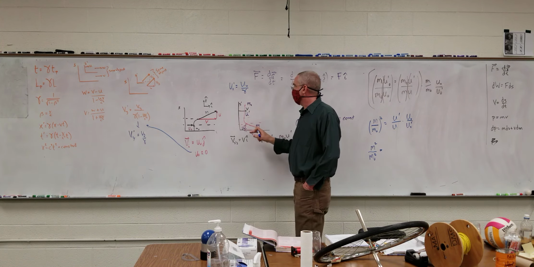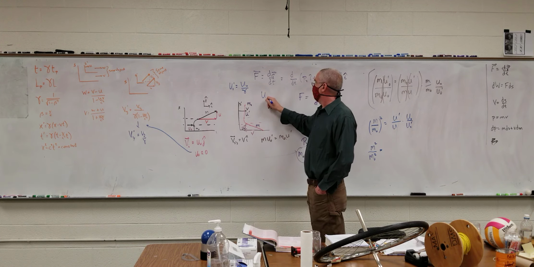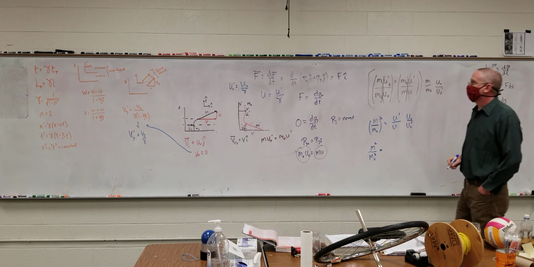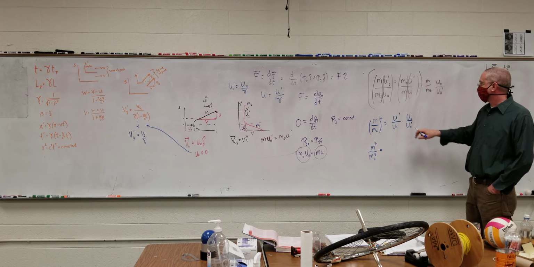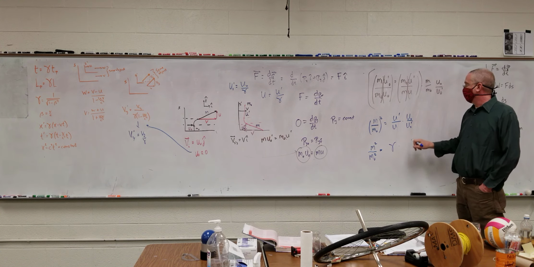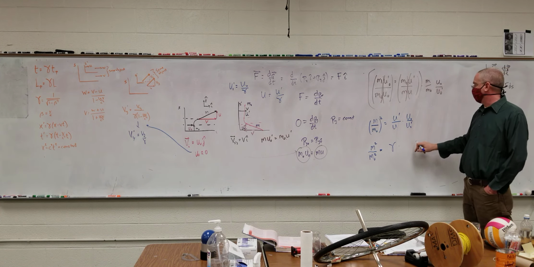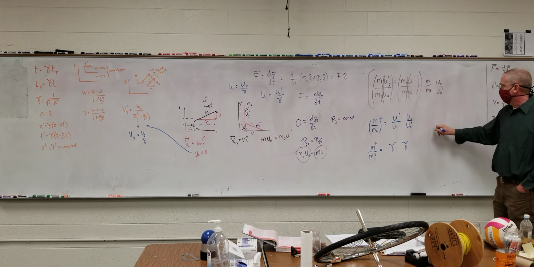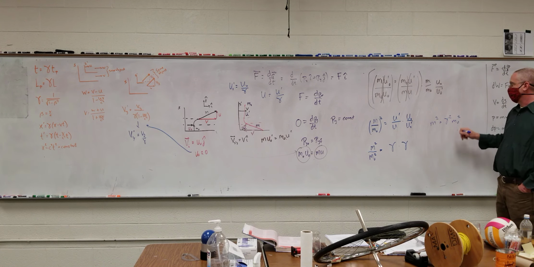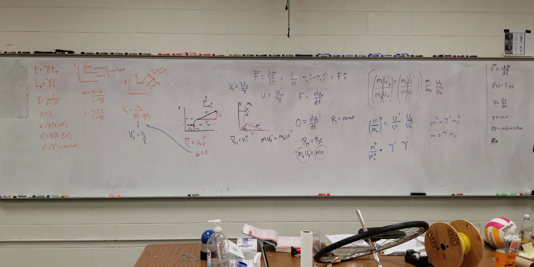And in the other situation, we'd have u is equal to u prime over gamma. In other words, u naught prime over u is gamma, and u naught over u naught prime is gamma. So I have m squared is equal to gamma squared times m naught squared, and basically m is equal to gamma m naught. So there's the derivation for relativistic mass.